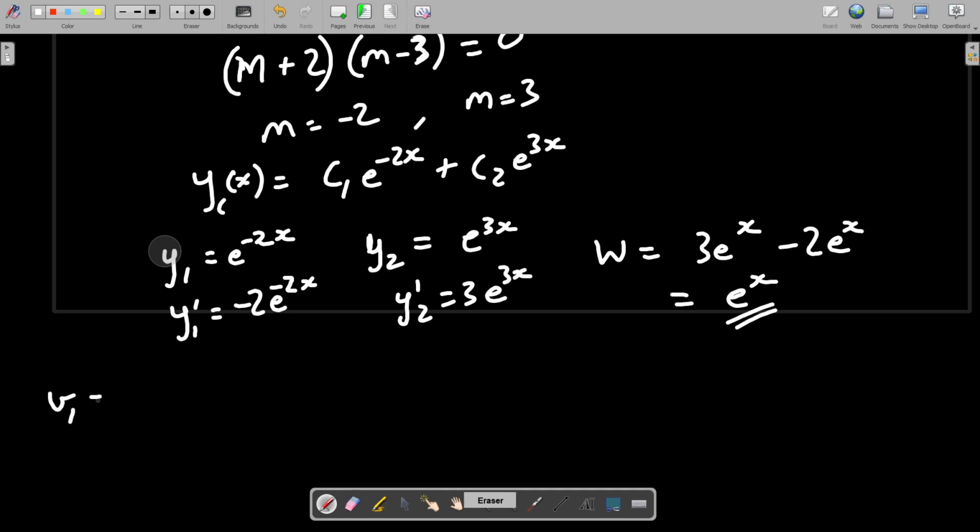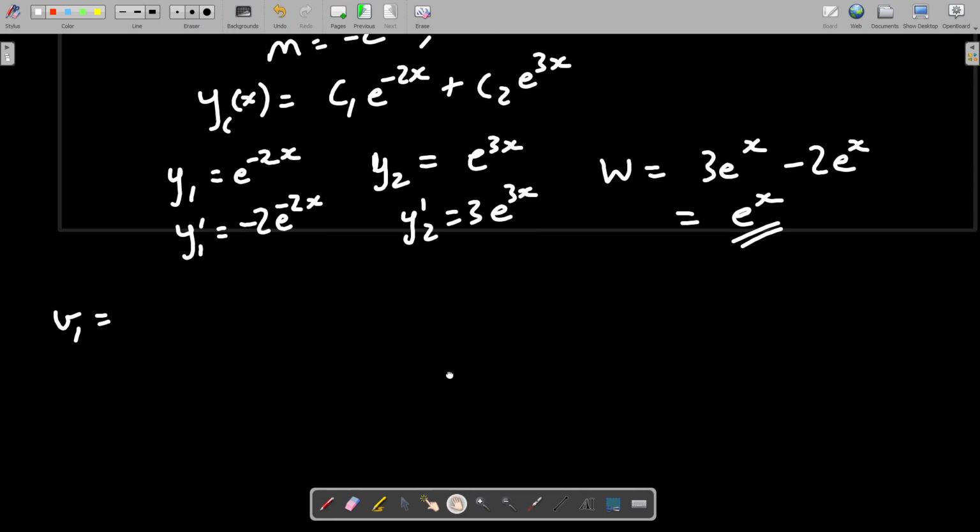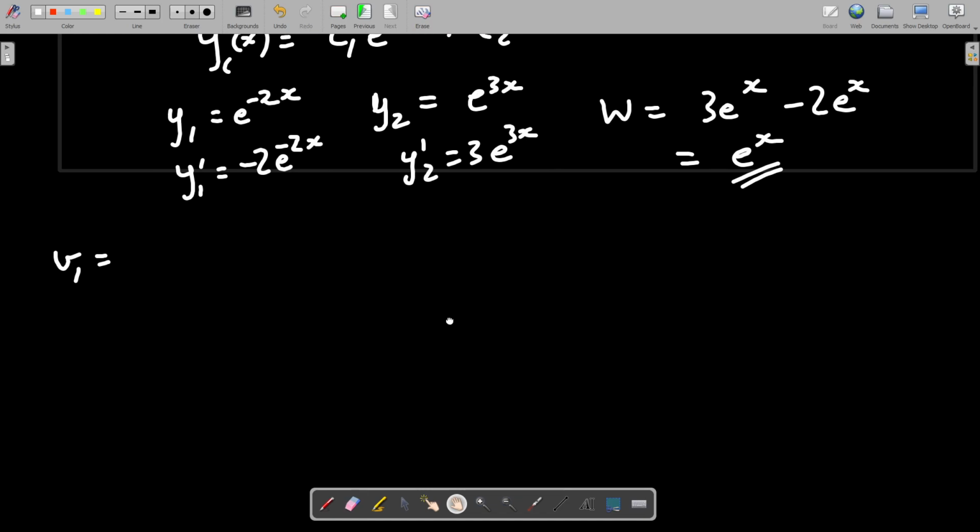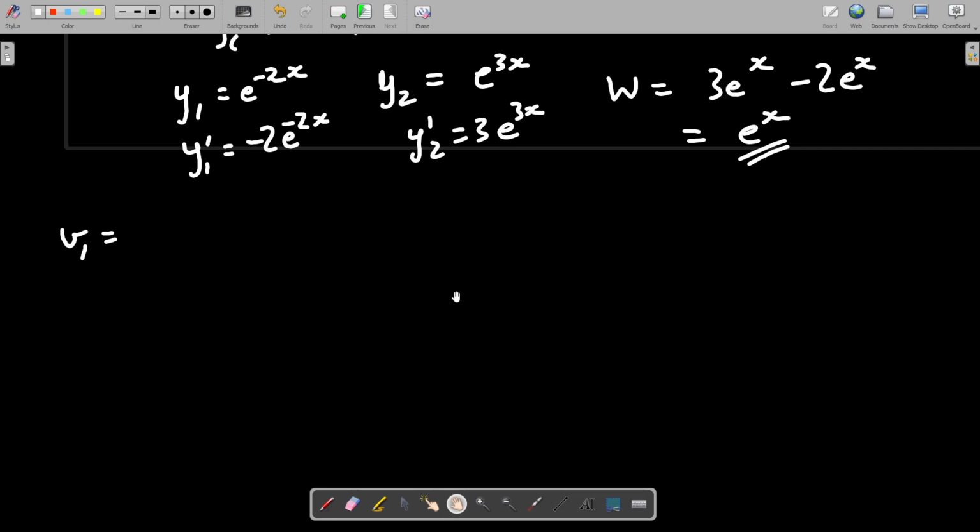Okay, your v1 will be equal to minus integral of y2, so e raised to 3x, into r(x).